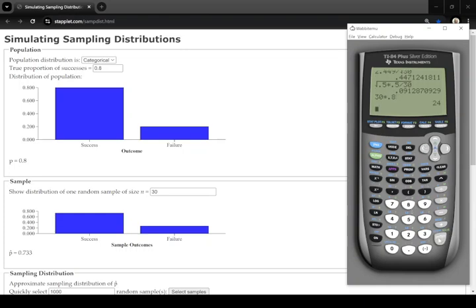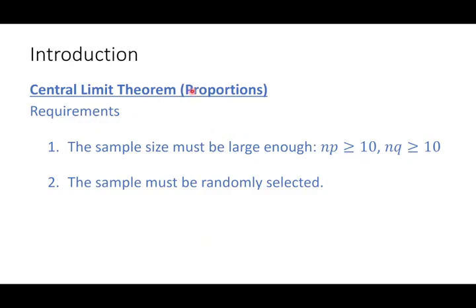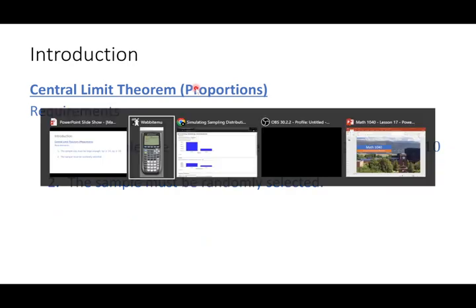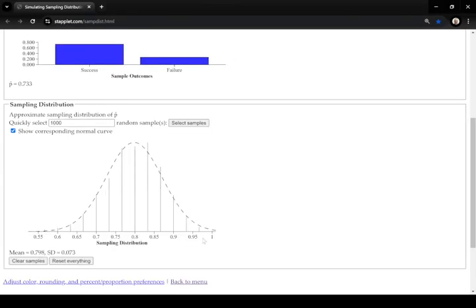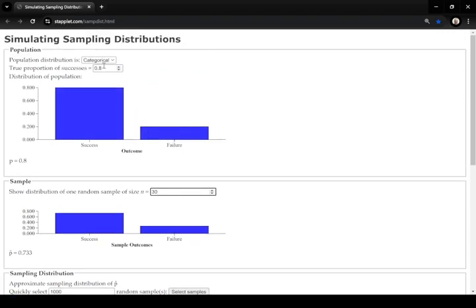That's more than 10. N times Q, that's not more than 10 actually. So this would be a case where we couldn't say that the central limit would work, even though it kind of looks pretty good. And these rules of thumb are very conservative against saying something that's not true.